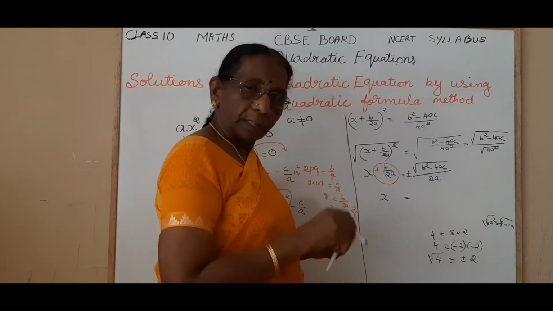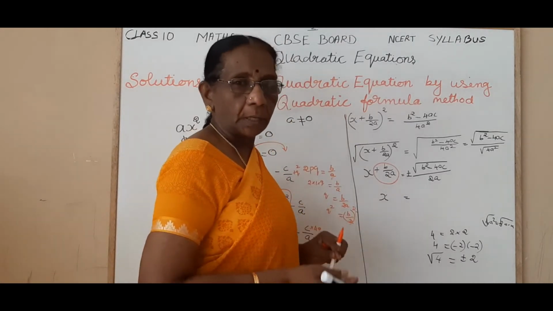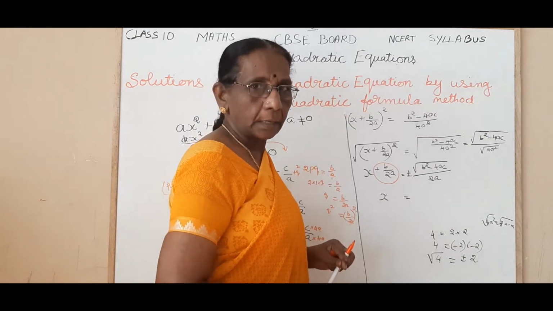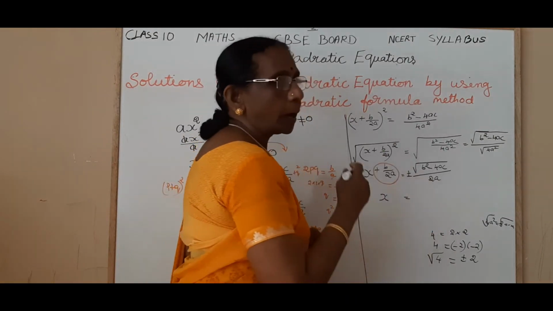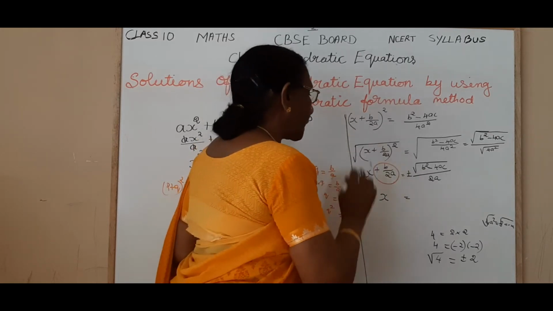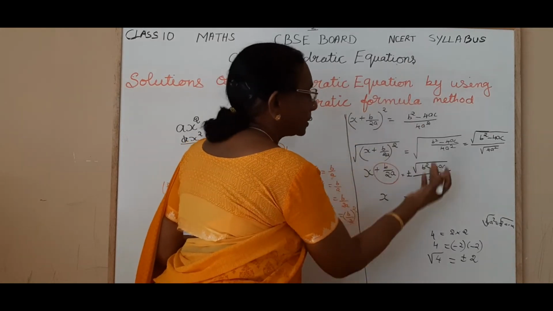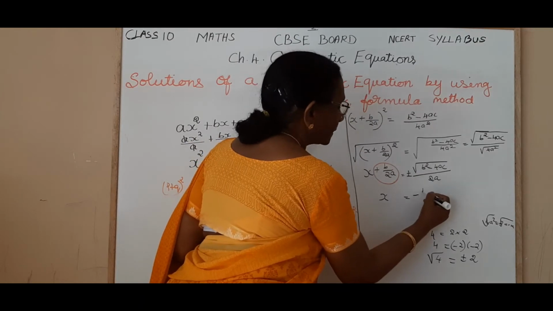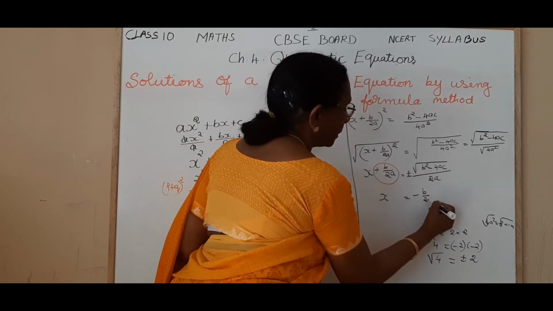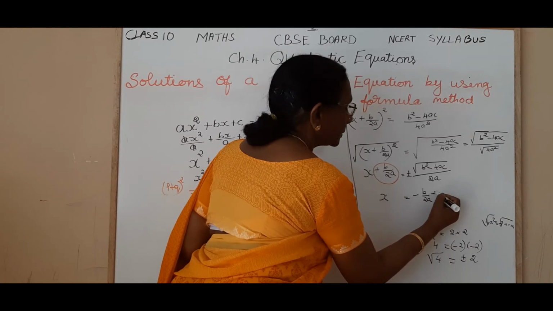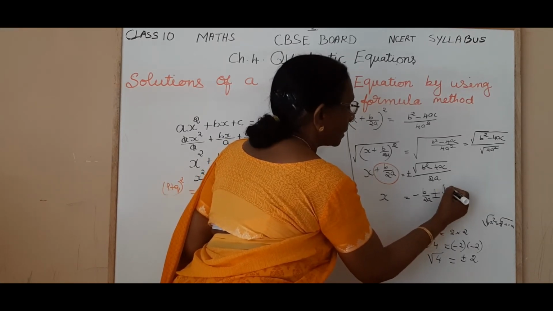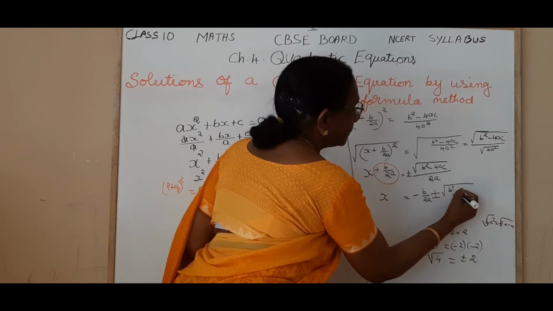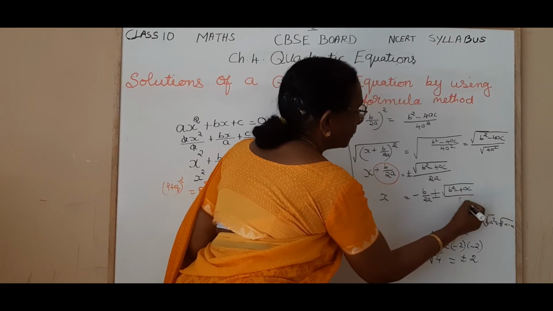Therefore, here we have to write plus or minus. Okay. Now x is equal to, when you bring this term here, minus b by 2a plus or minus root of b squared minus 4ac by 2a.